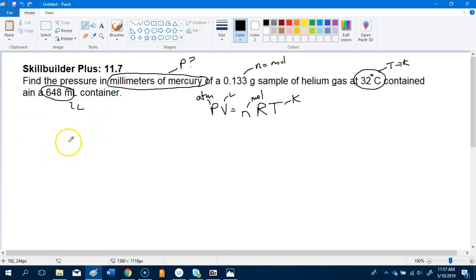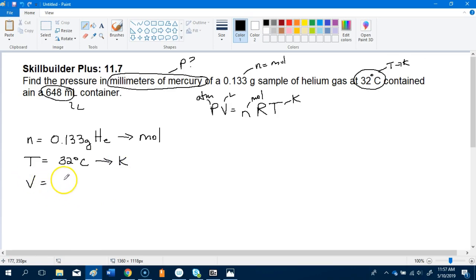So first of all, I'm just going to write out what we are given and what we're trying to find. So our amount is 0.133 grams of helium, but we need to convert that to moles. We're given our temperature, which is 32 degrees Celsius, but we need to convert that to kelvins.